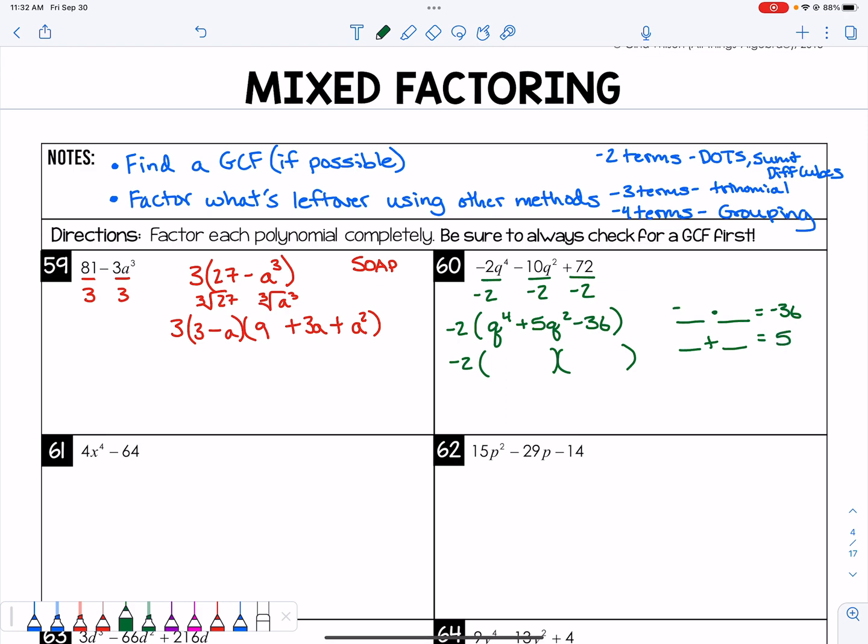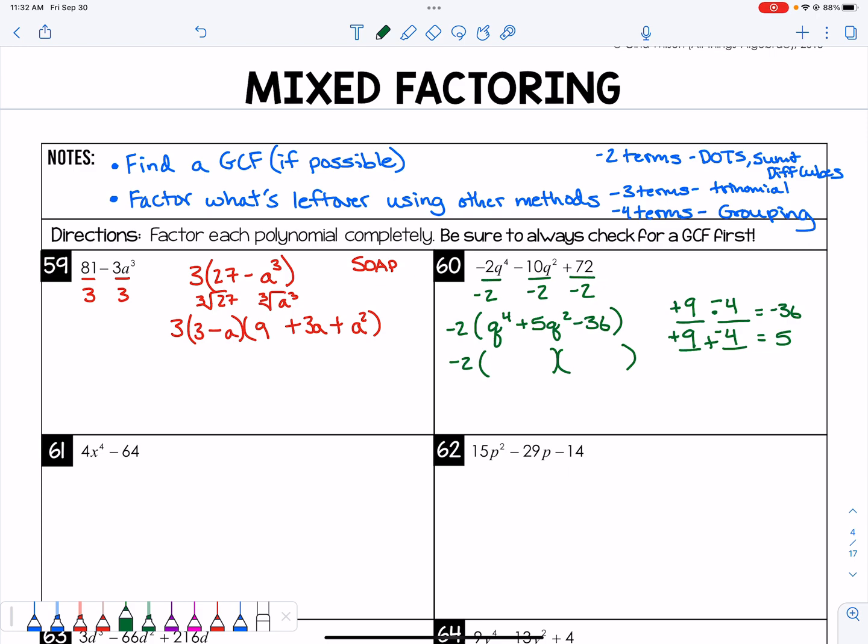And so what would help me is negative 9 times 4, because that multiplies to give me negative 36, and negative 9 plus 4 would give me, actually that would give me negative 5. Whoops, so let's change the sign of those to make sure this works out. So 9 times negative 4 gives me negative 36. And 9 plus negative 4 would give me 5, so that looks better.